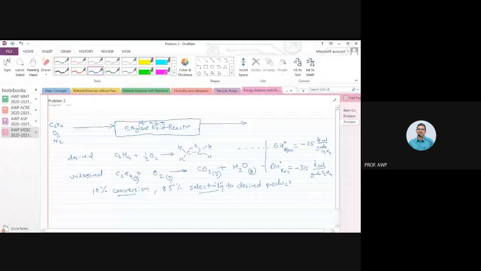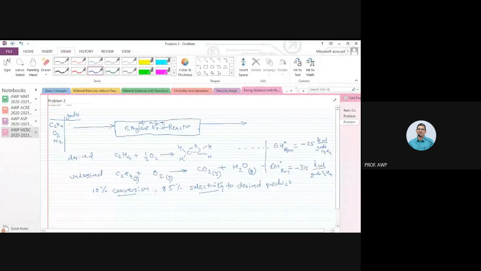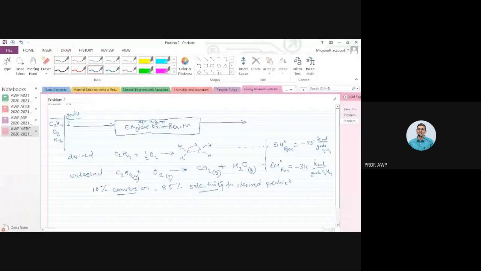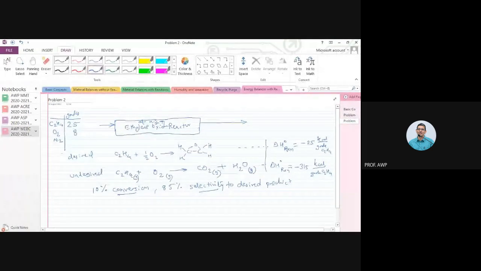Okay, let's say I have 100 gram moles of the feed coming in. So 25 gram moles of ethylene come in, 8 gram moles of oxygen come in, and the balance, 67 gram moles of nitrogen, come in.